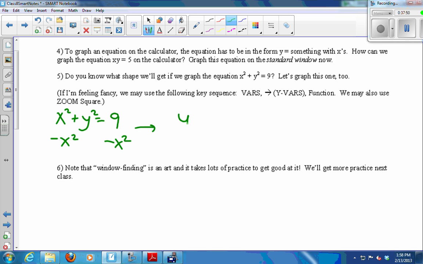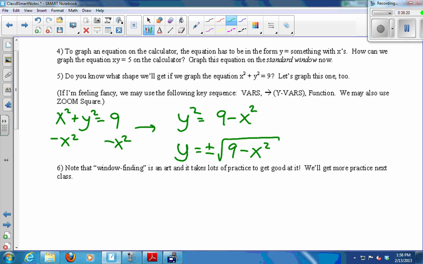So you get y squared equals 9 minus x squared. Then square root both sides, right? So I get y equals plus or minus the square root of 9 minus x squared. Because there are two things that when I square them will give me 9 minus x squared. The positive square root and the negative square root.